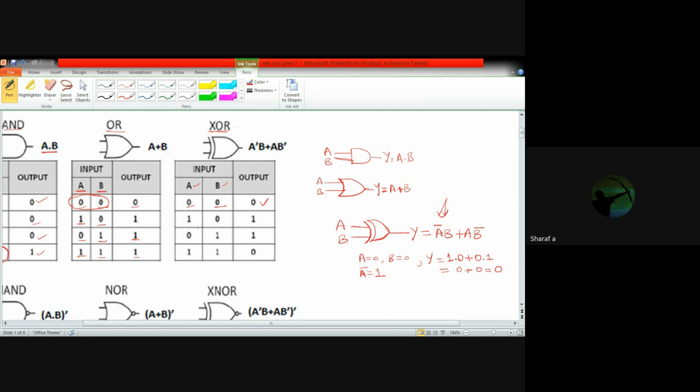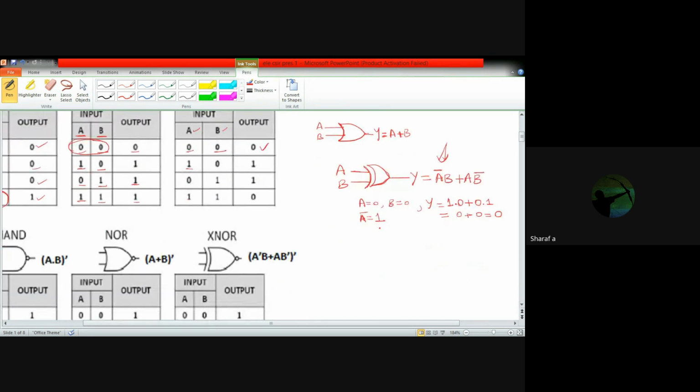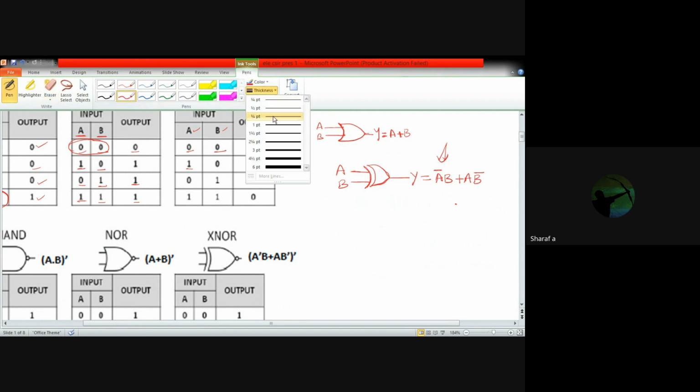In this way, you can substitute the other inputs. For example, one more case we can discuss. We'll just erase this. For the second case, you have 1 and 0.